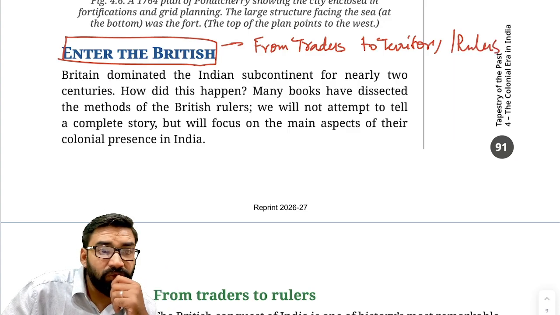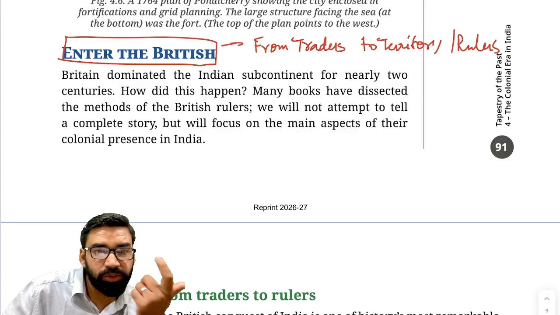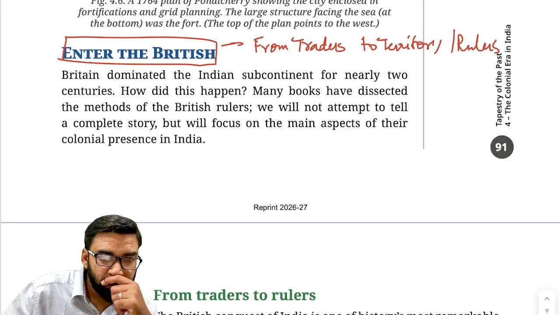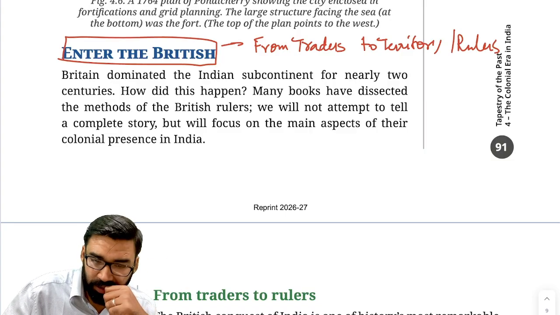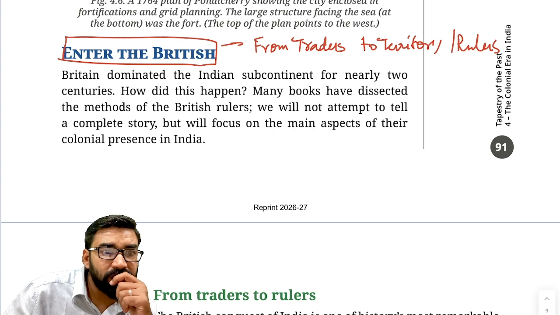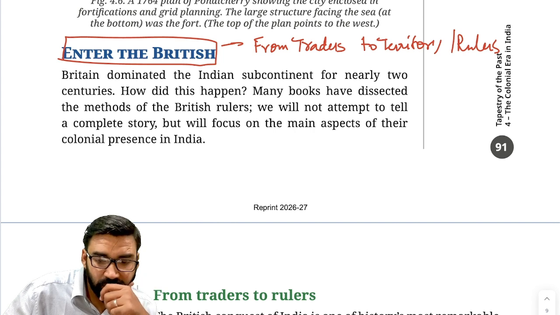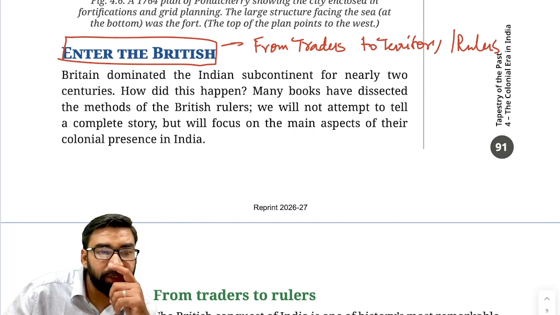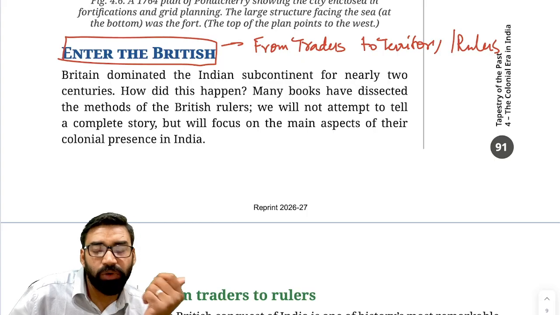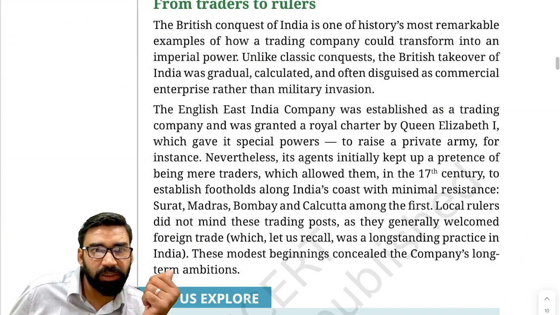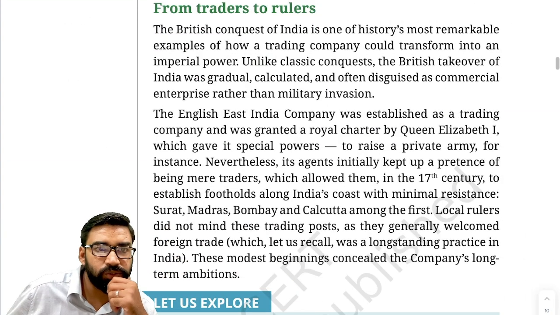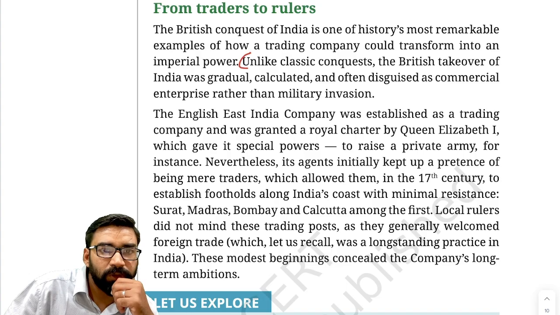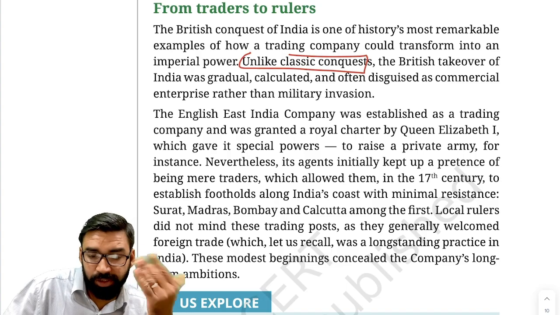Now, what is the unique path, the unique story of the British? Fine. So that we need to understand. Now, first we need to understand the classical concept, as well as the British method. How British conquest is different from classic conquest. As you can see, traders to rulers, classic conquest and British conquest.